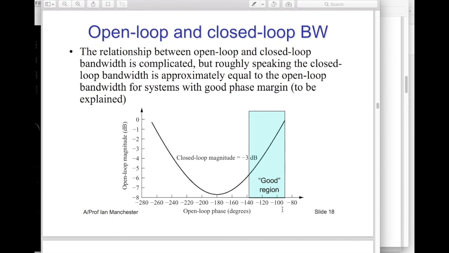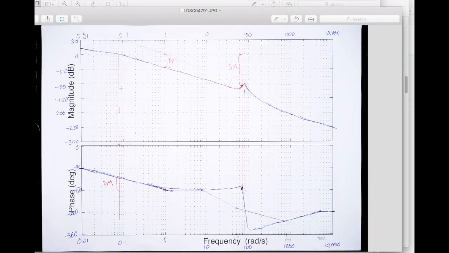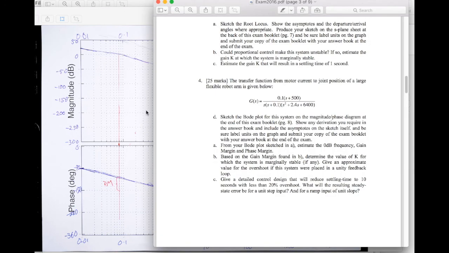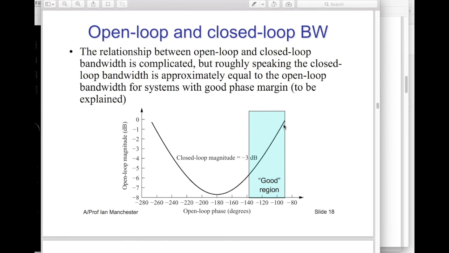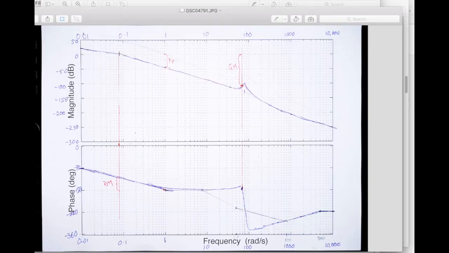It's the frequency at which the closed loop system is minus 3 dB. And here, for a bunch of different phases, that tells you what the open loop system should be at. So for phases up around here, the open loop system should be at 0 dB. So that's exactly the crossover frequency that we're looking at here, 0 dB. And maybe it's a bit lower here. So depending on the phase, it might be when it goes down to minus 3, down to minus 6. So you're looking at somewhere in this region here.